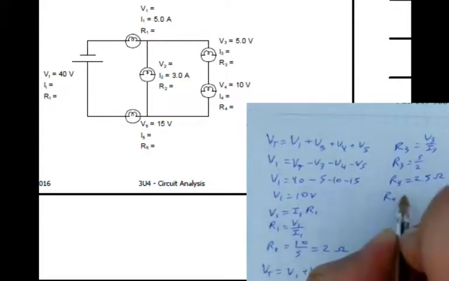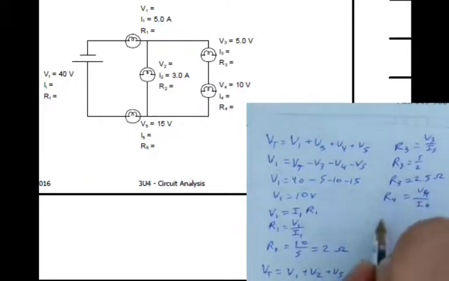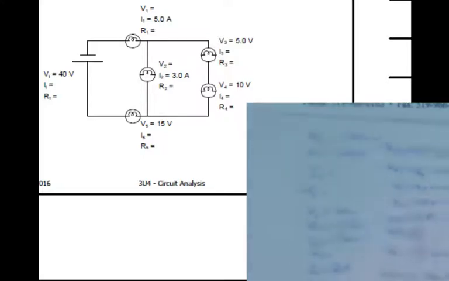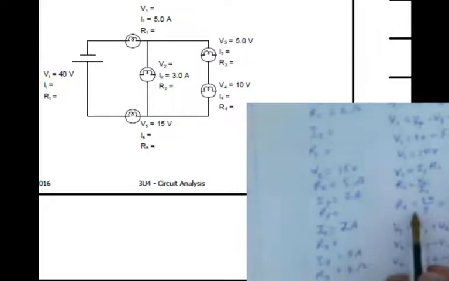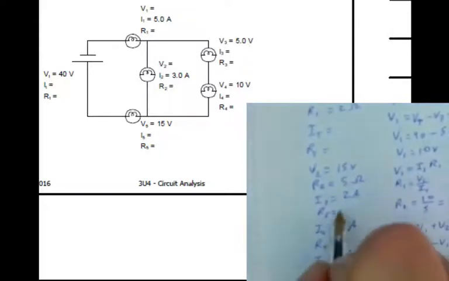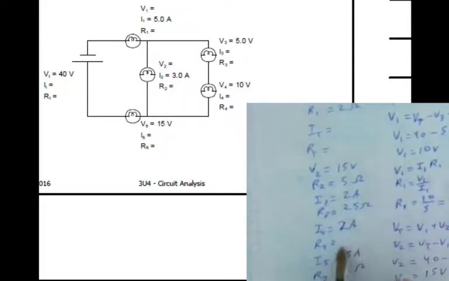R4 is V4 over I4, which is 10 over 2. So R4 equals 5 ohms. So let's fill those in. R3 is 2.5 ohms. R4 is 5 ohms.